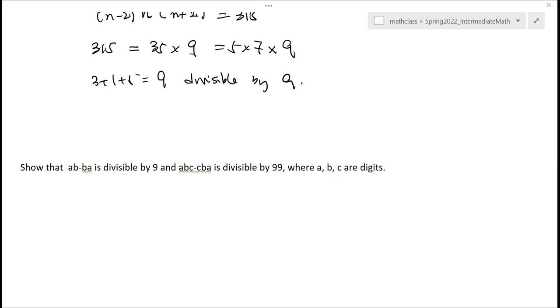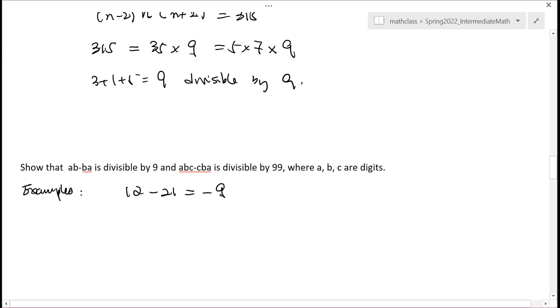Well, you can look at the examples. This is always true, so let me check the examples. 12 minus 21 is going to be negative 9. It's divisible by 9. And you can also say 321 minus 123, and what do you get?